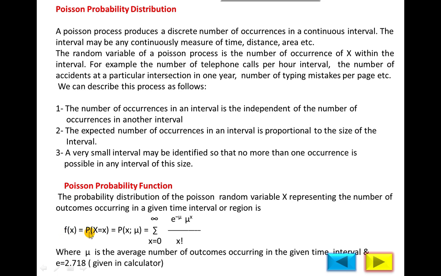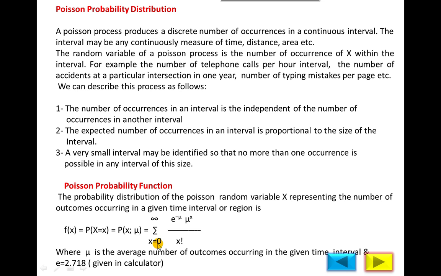For probability function we use the probability x is equal to x, and this p represents the Poisson distribution. X is the variable, mu is the mean. In binomial distribution we require two parameters n and p with x, but here only one value, the mean, is required for the formula. And the range of the observation is from 0 to infinity, while in binomial distribution the range is from 0 to n.